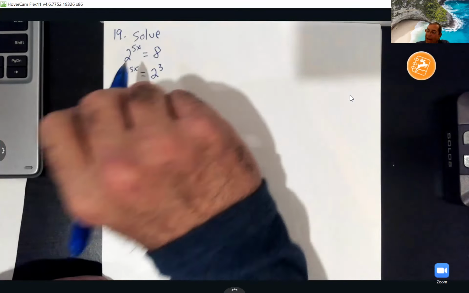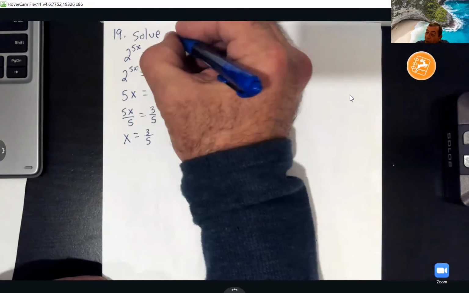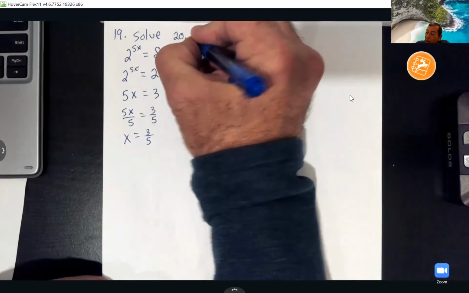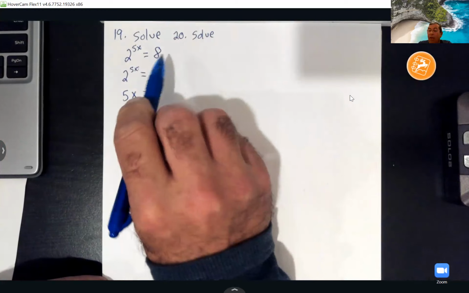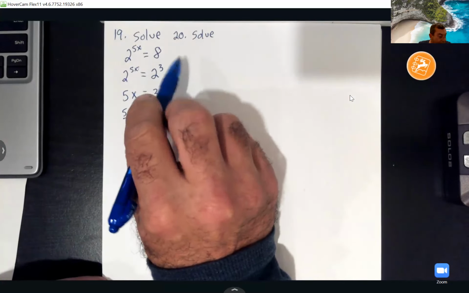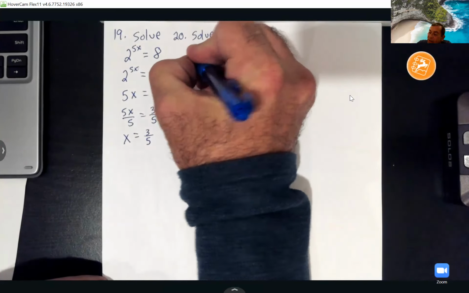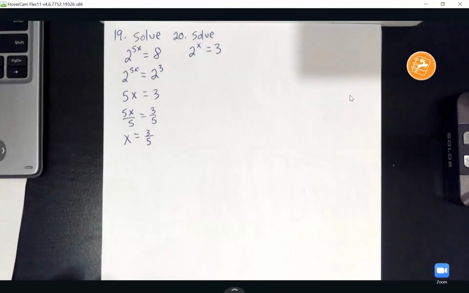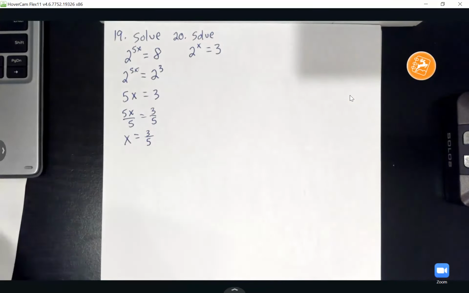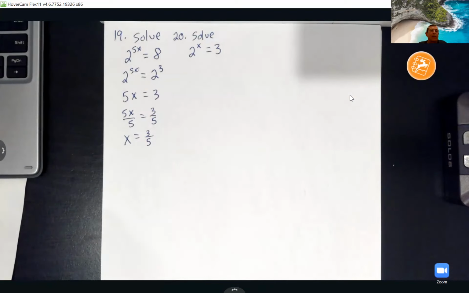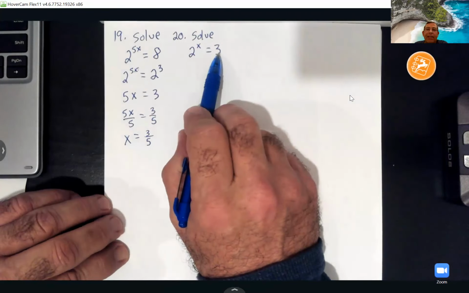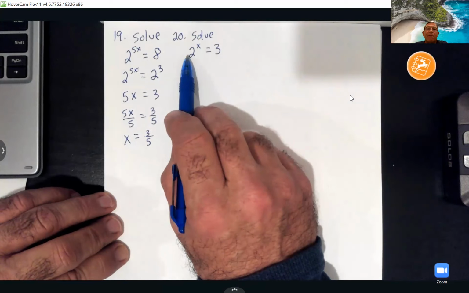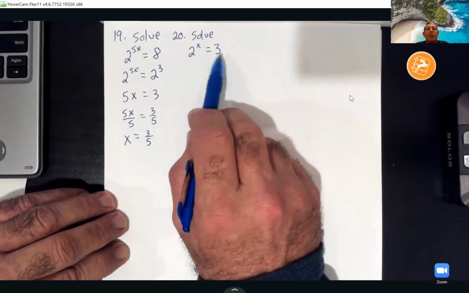So check this out. 19, you're going to be able to rewrite. Now 20, you're not going to be able to rewrite the right side. 20 has a 2 to the x equals 3. So think about this. When I couldn't rewrite this number using a 2, I had to do another trick.